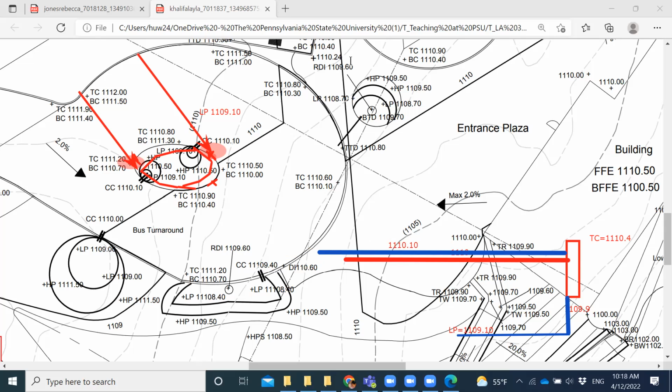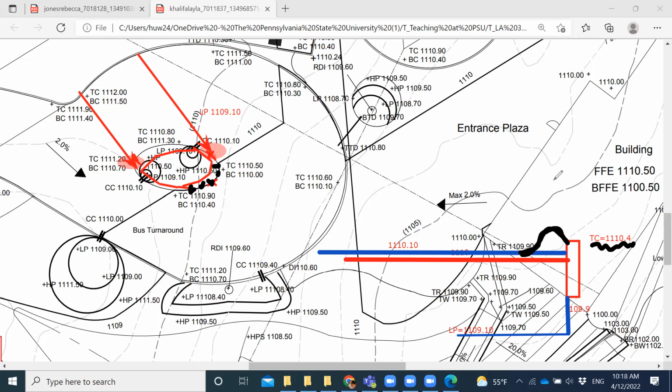You could choose to create a small berm on this side, but because this is still higher than the water level by 0.3, it is okay that you do not create that berm. Does that make sense? Yeah, that visual helps a lot.